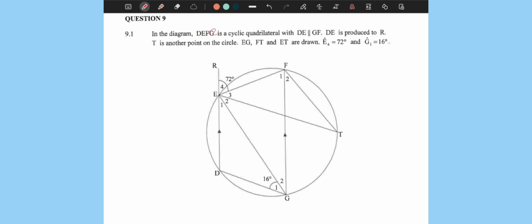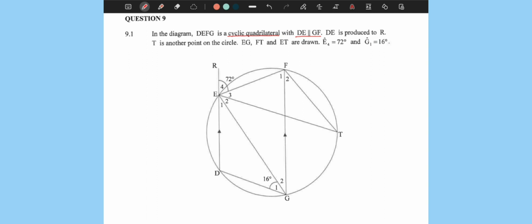As an example, you are given that DEFG is a cyclic quadrilateral, so you can see that we have our theorem called a cyclic quadrilateral here. You have to think about the properties of a cyclic quadrilateral when you approach this statement. With DE parallel to GF, when you come across parallel lines, you have to think about the properties of parallel lines as well.